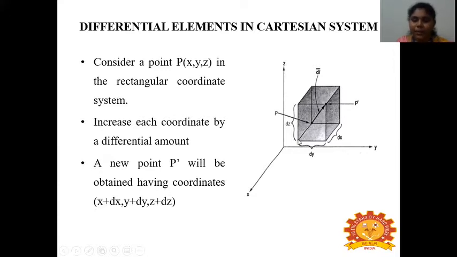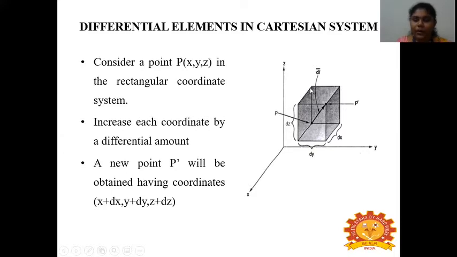If the new point P dash lies here, then it will vary only in the x-axis. It will not vary in the y-axis and z-axis, so the y-axis and z-axis will become constant. Only x will vary. Suppose the point lies here, then the y-axis will change, and your x-axis and z-axis will be constant.